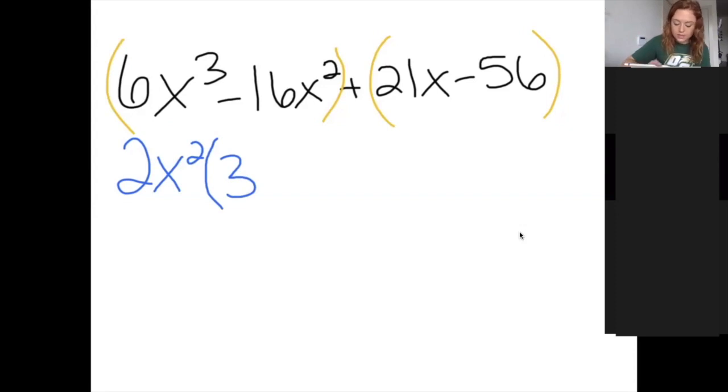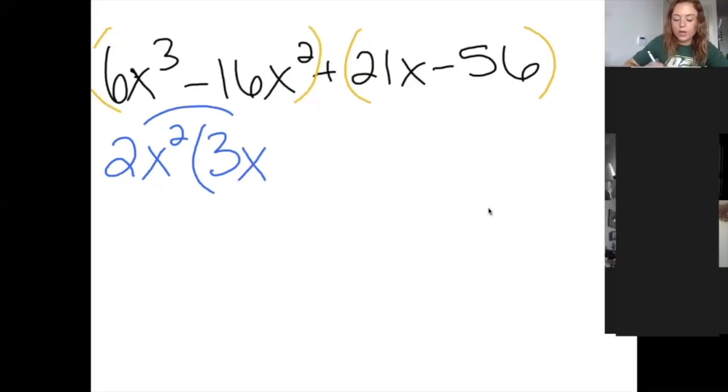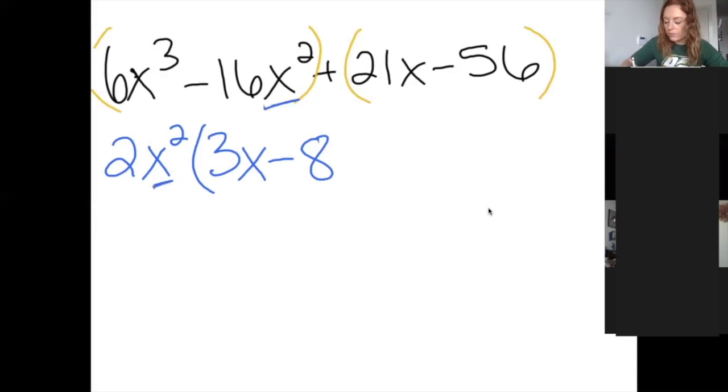So that means that I need to write 1 more x there. What would get me to negative 16 would be 2 times negative 8. And I already took out that whole x squared. So that means I don't need any more x's with that 8. So I'm ready to close my parenthesis and move on to the next one.